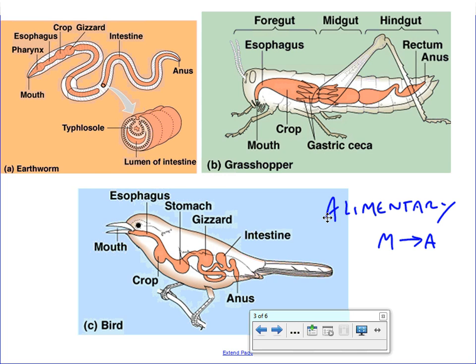More basic than that, which I do not have an image of, would be organisms that have gastrovascular cavities, right? And with the gastrovascular cavity, you have a mouth and an anus as one whole.